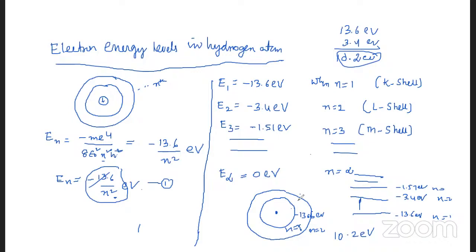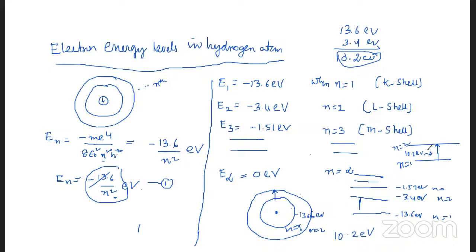So by absorbing 10.2 electron volts, it is excited from this state to this state. In this diagram, by absorbing 10.2 electron volts, the electron is excited into the second energy level.